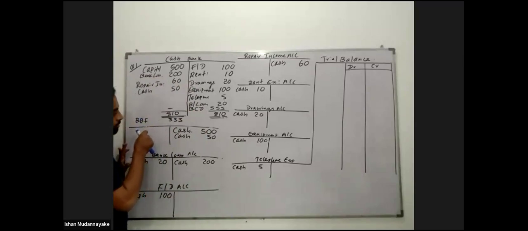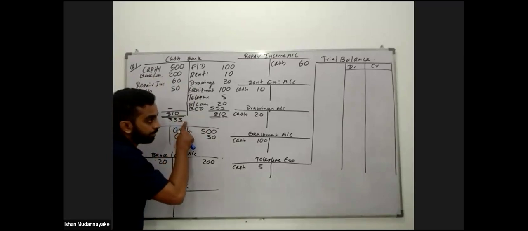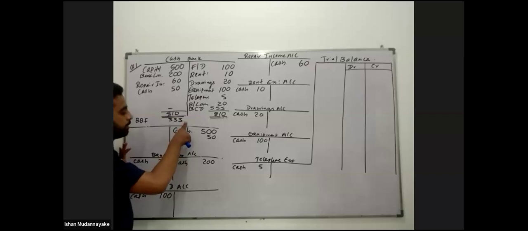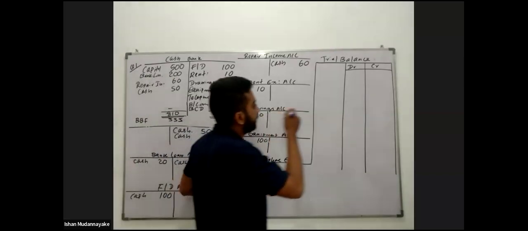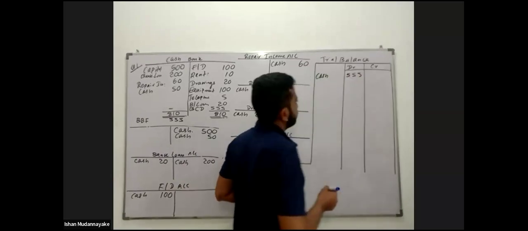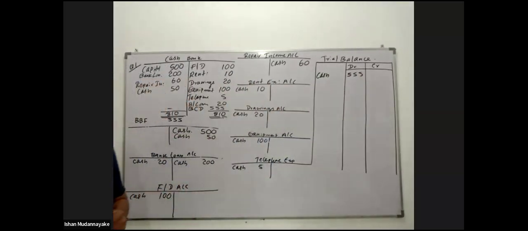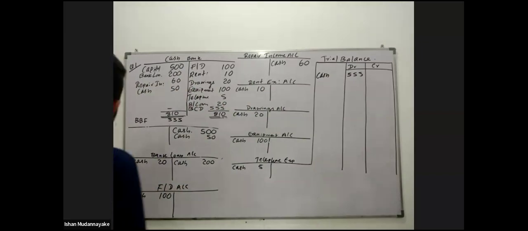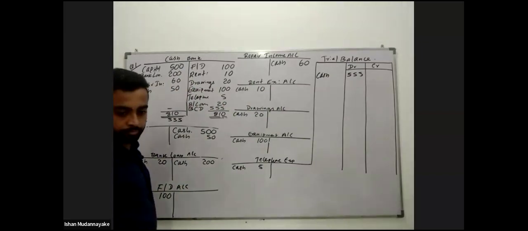So in the trial balance also, we record this balance brought forward amount in the debit side. Here, cash 555. Clear? Okay.